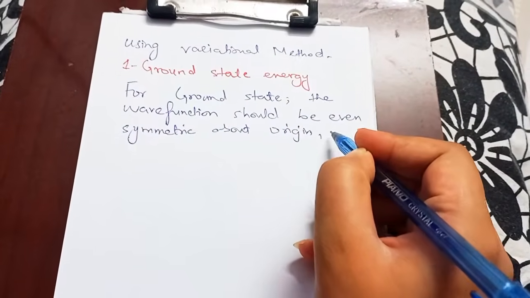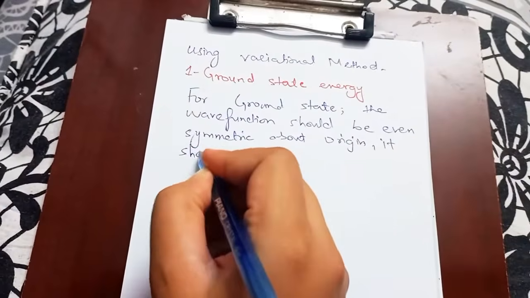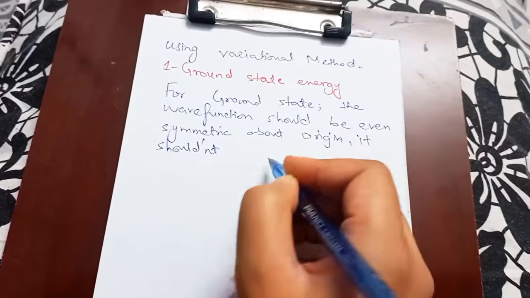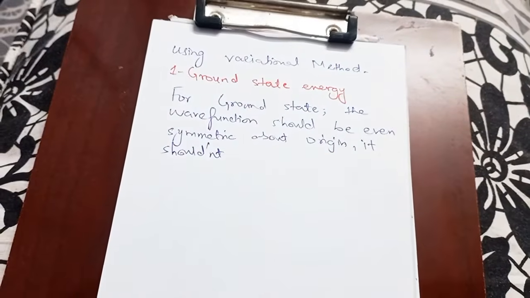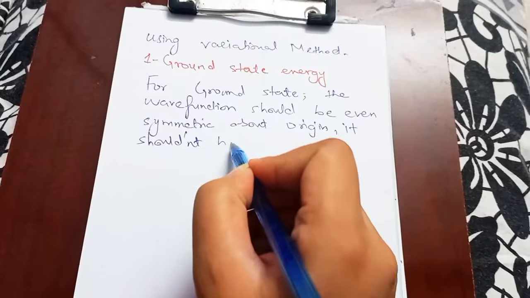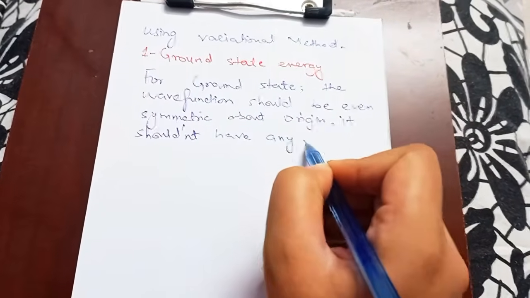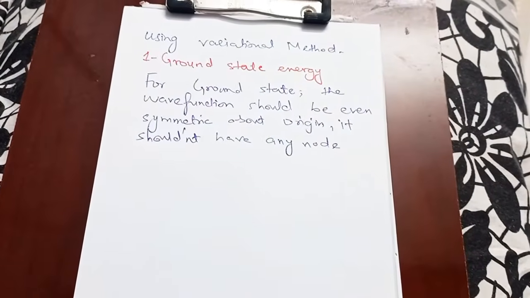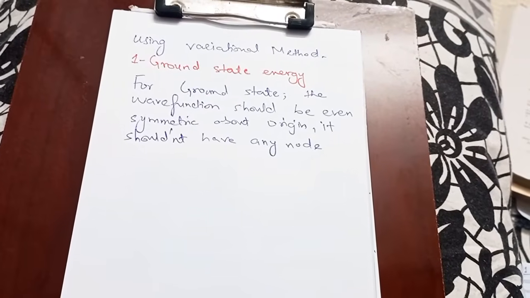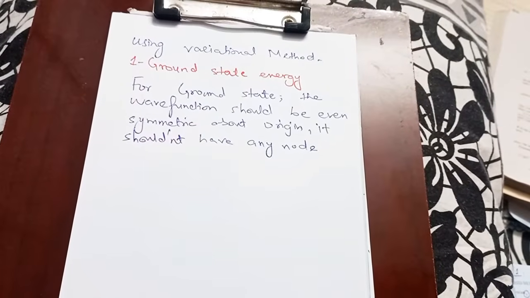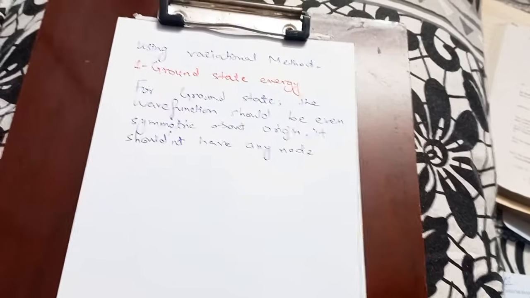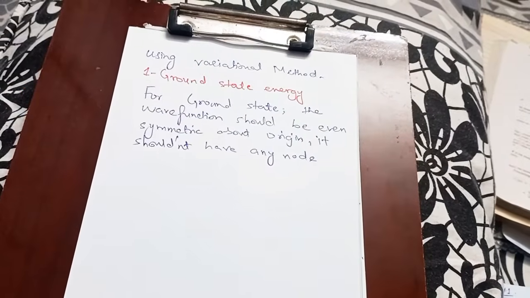Besides that, it shouldn't have any node. Since it's a ground state, it doesn't have any node in the harmonic oscillator. By node we mean that the wave function should not be equal to 0 anywhere except at infinity. Except at infinity it shouldn't be 0. It shouldn't be 0 anywhere.